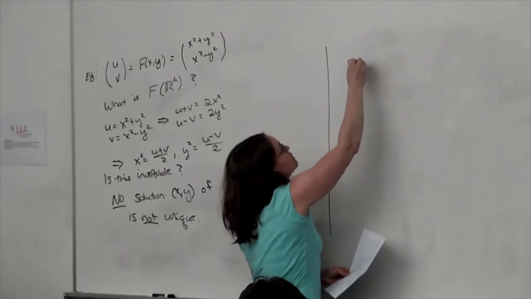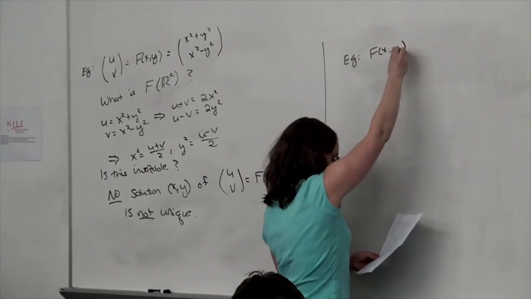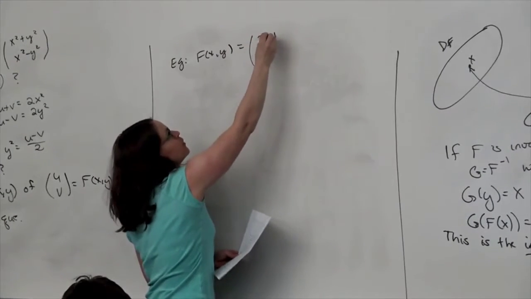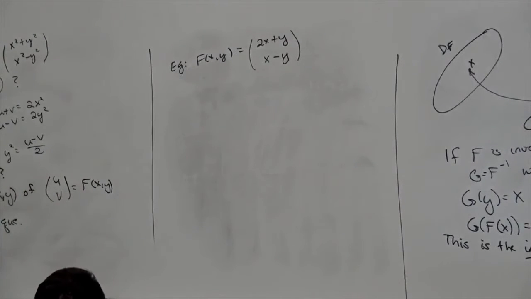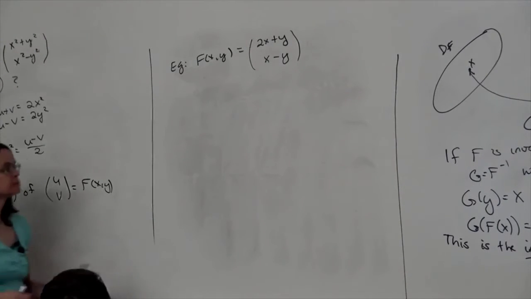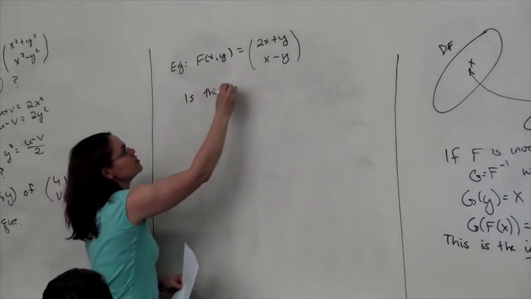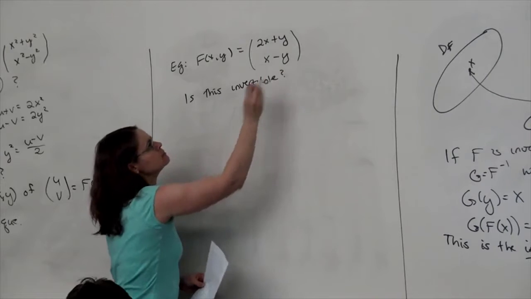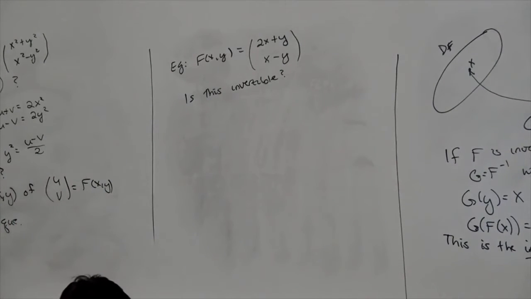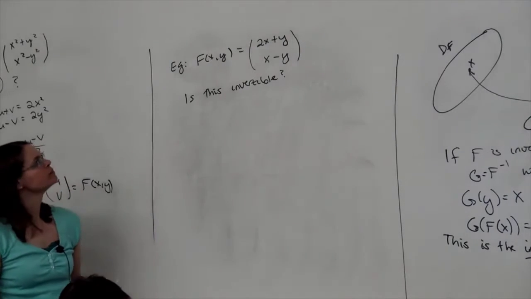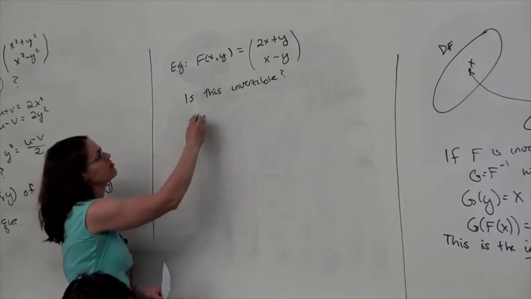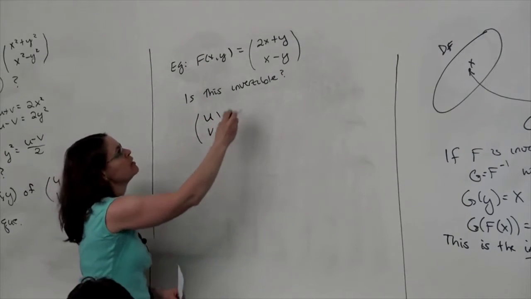Okay, so let's take this example first of all. F of (x,y) equals (2x plus y, x minus y). And ask, is this invertible? Well, that asks me to find a solution of (u,v) equals f of (x,y).